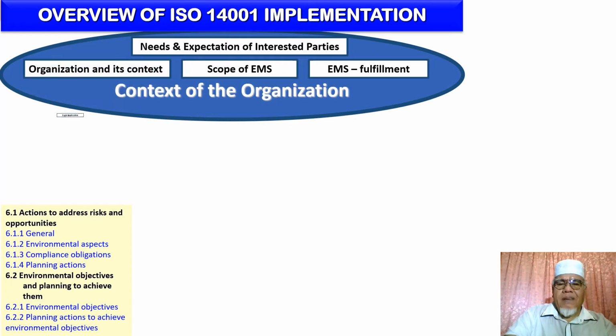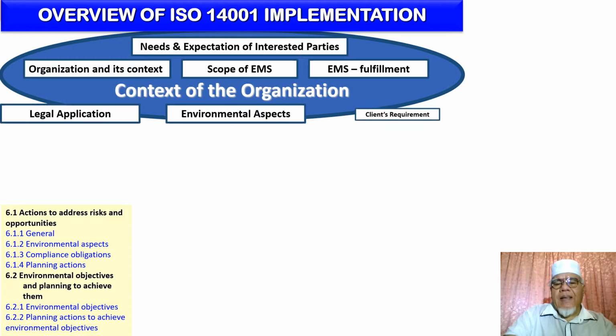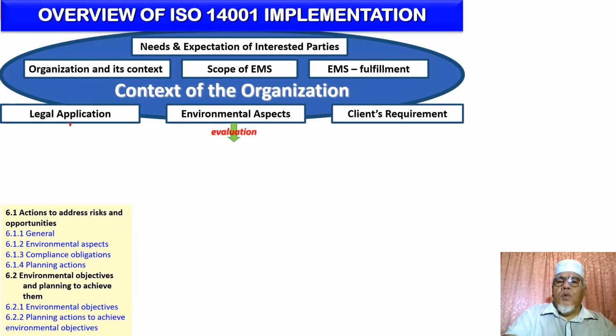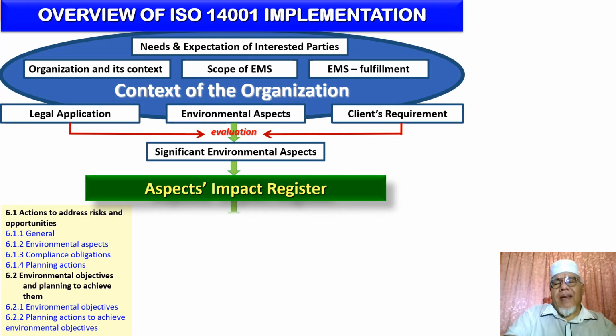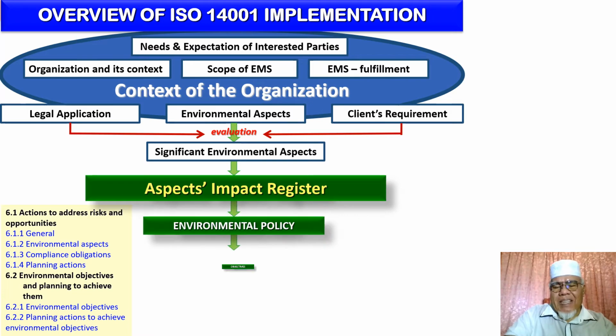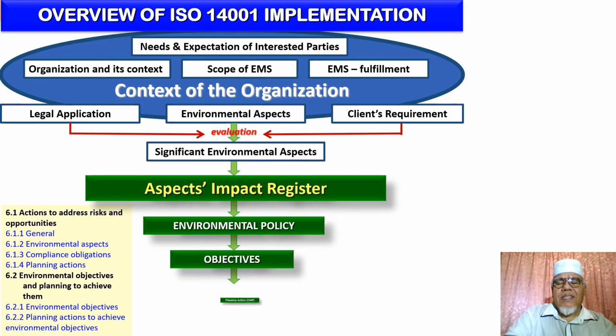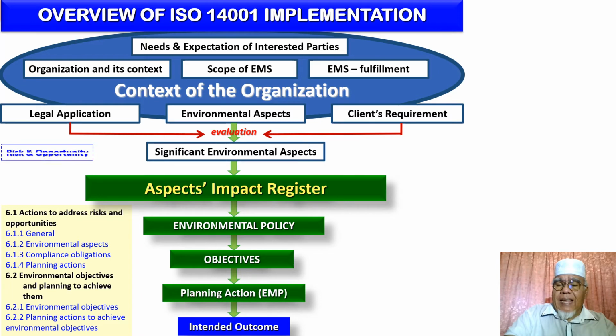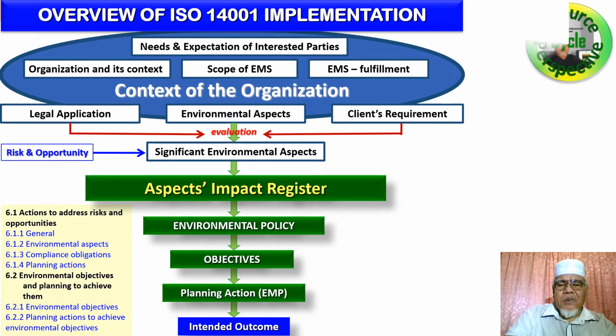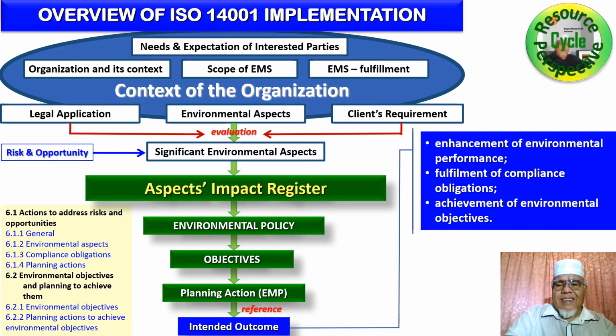That is why we have got to identify all our environmental aspects. And how do we manage our environmental aspects? We manage our environmental aspects as per 14001 version 2015 requirement by fulfilling compliance obligation.